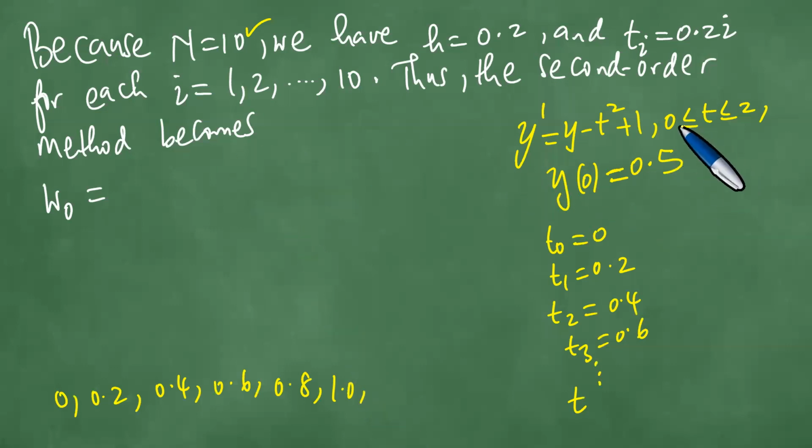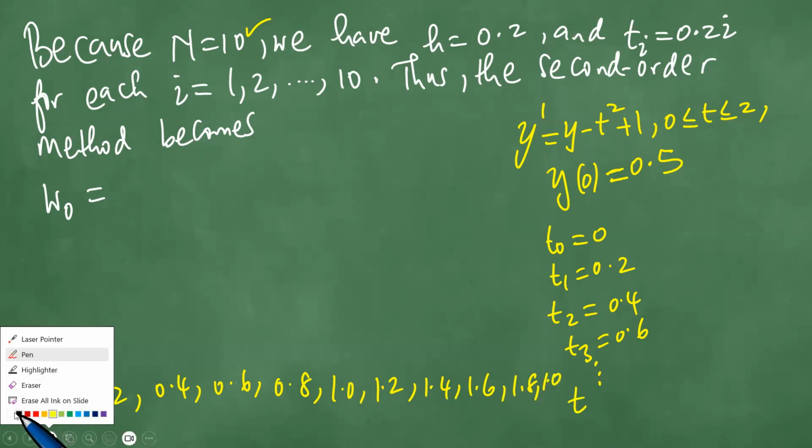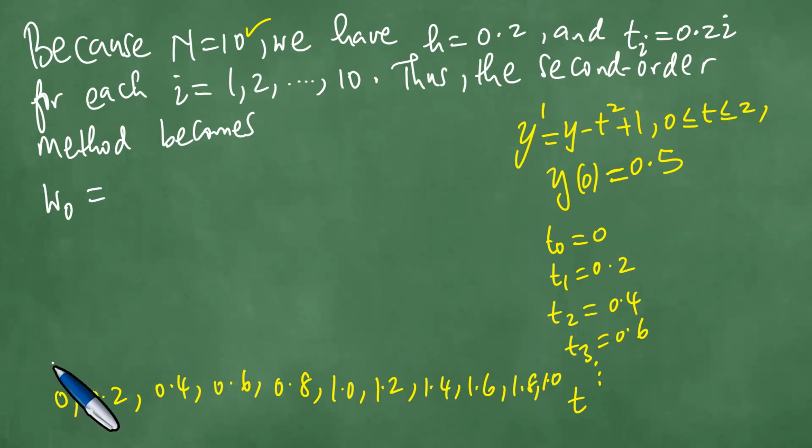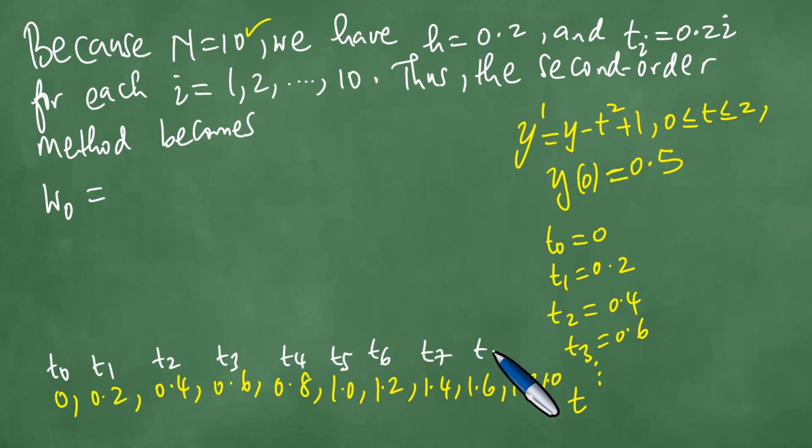But we must go from 0 up to 2, which means 1.2, 1.4, 1.6, 1.8, 2.0. Now, look at this. T0, T1, T2, T3, T4, T5, T6, T7, T8, T9, T10.